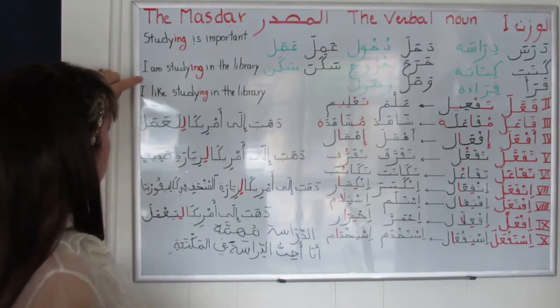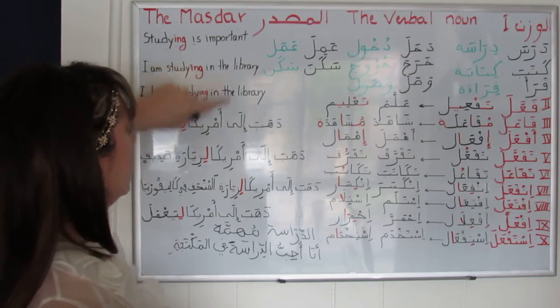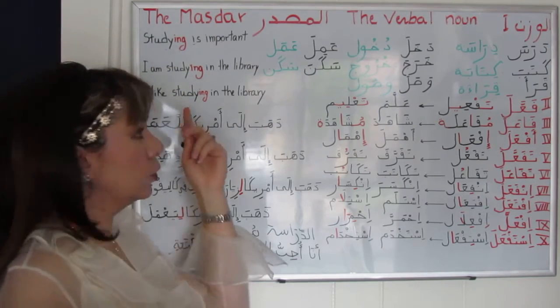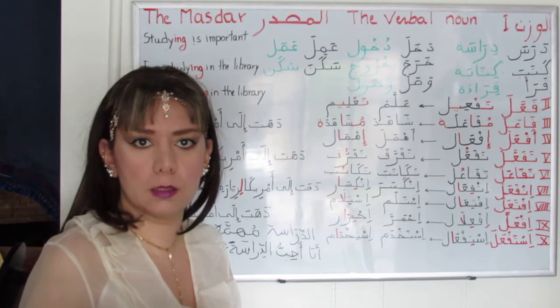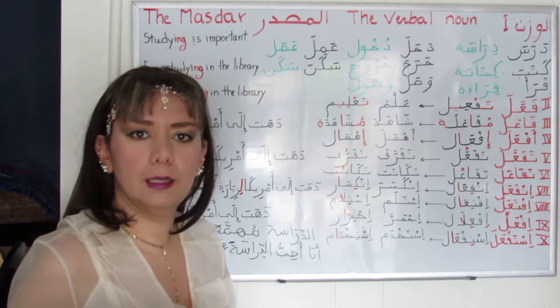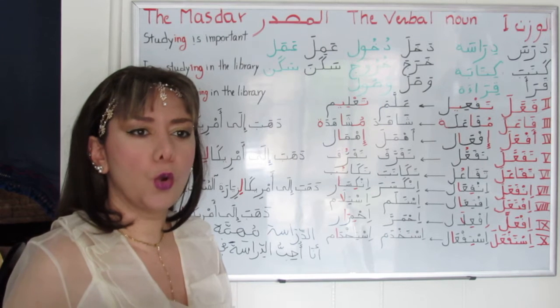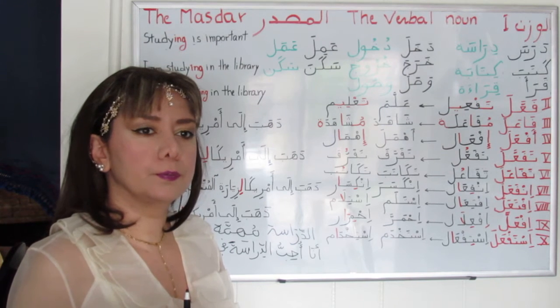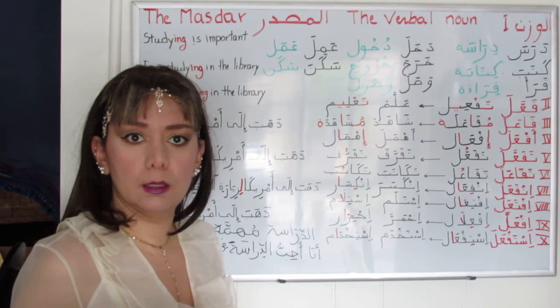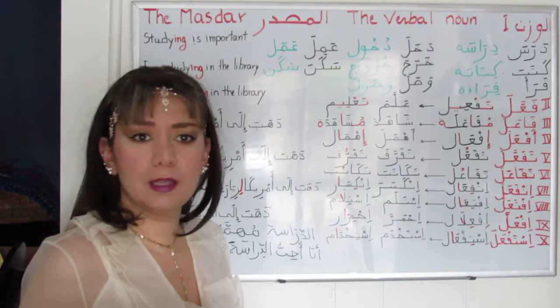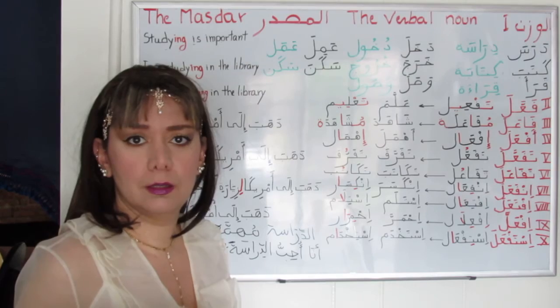So here, I am studying in the library. Here the verb is conjugated in the present progressive tense. I am studying in the library. So let's use the act of. I am the act of studying in the library. It doesn't make any sense.